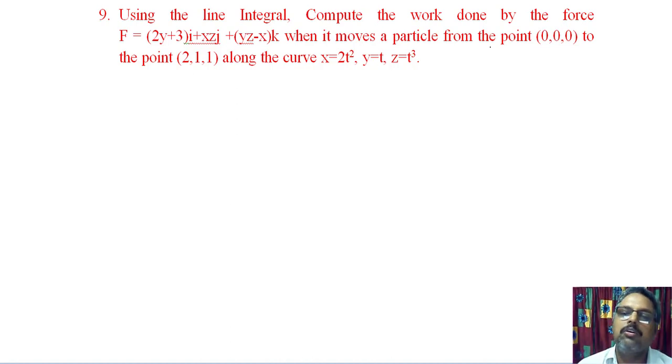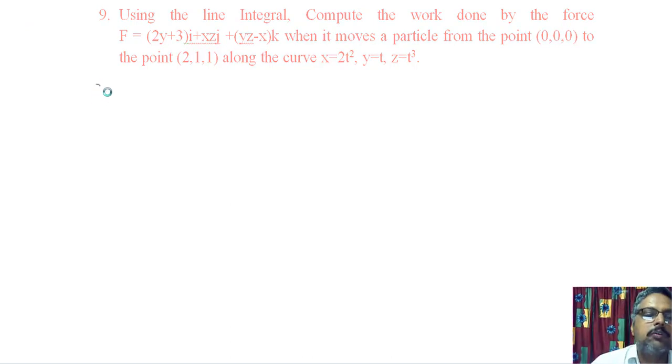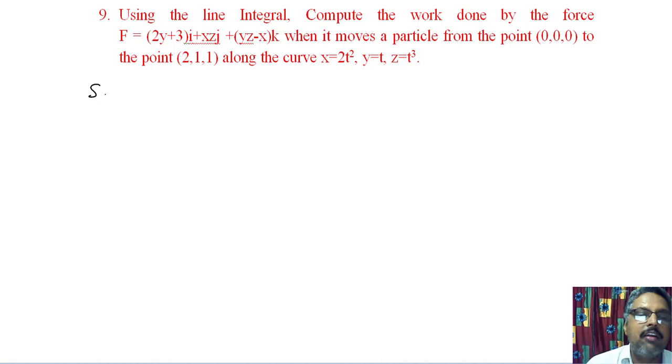Work done is nothing but the integral of F dot dr. R bar is already known, dr bar is also known. Directly I will write F dot dr, that is (2y + 3) dx + xz dy + (yz − x) dz. Here r bar is xi + yj + zk and dr bar equals dx i + dy j + dz k. The F dot dr dot product is nothing but this one, as we already discussed in earlier problems.